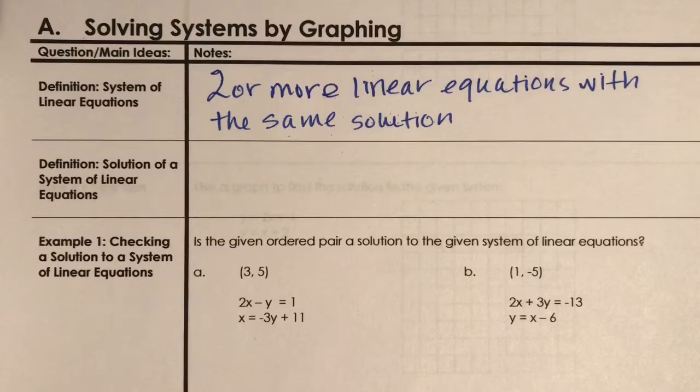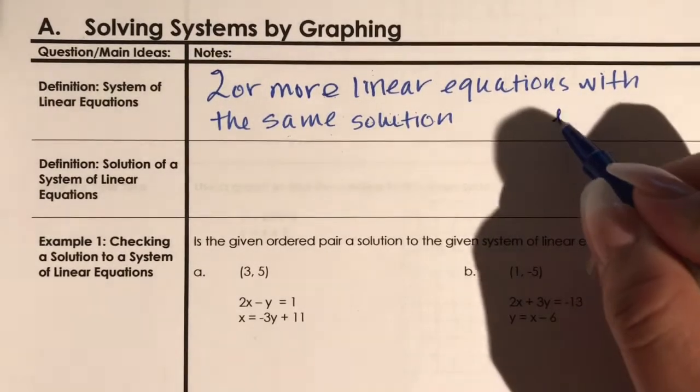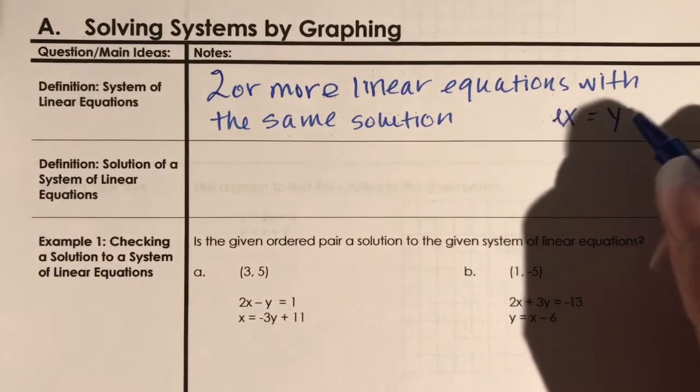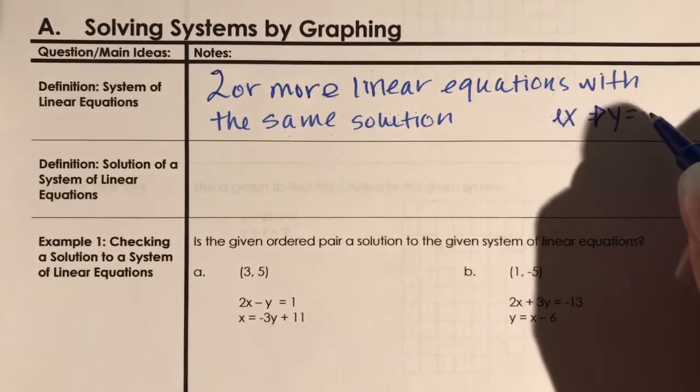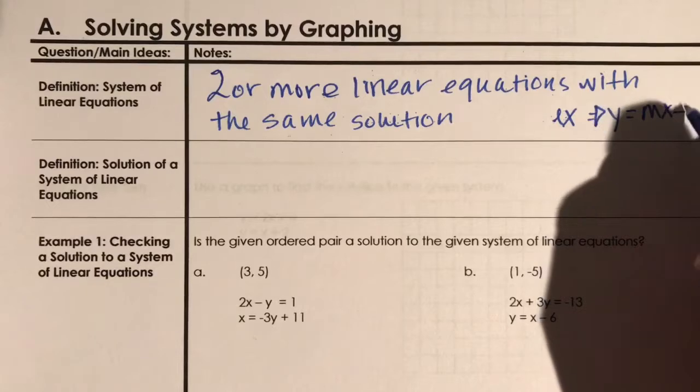Next, it asks for the definition of a system of linear equations. So, a system, you know what a line is. An example of that would be y equals mx plus b.